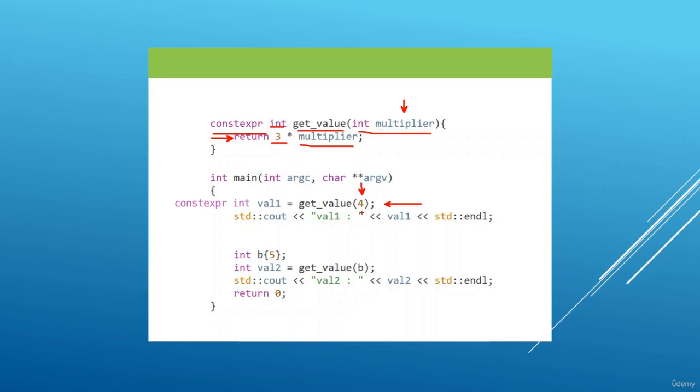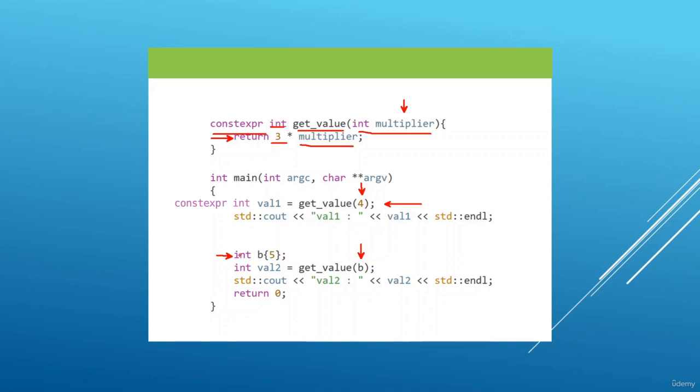But a constexpr function doesn't always run at compile time. If some parameters or some local variables in the function can't be evaluated at compile time, the function is going to be evaluated at runtime. If you go down here, you see that we have a runtime variable, which is this integer here, and we use that as an argument to our getValue function.